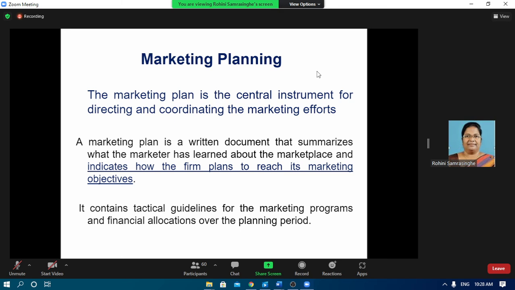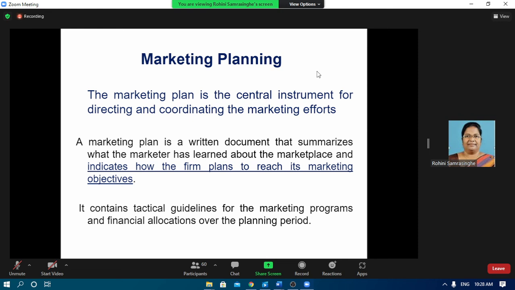Therefore, the marketing plan is a central instrument for directing and guiding the whole marketing effort or the whole marketing activities, right? So all the marketing activities you learn, you can apply and use as a strategy to achieve the different marketing objectives in your marketing plan.